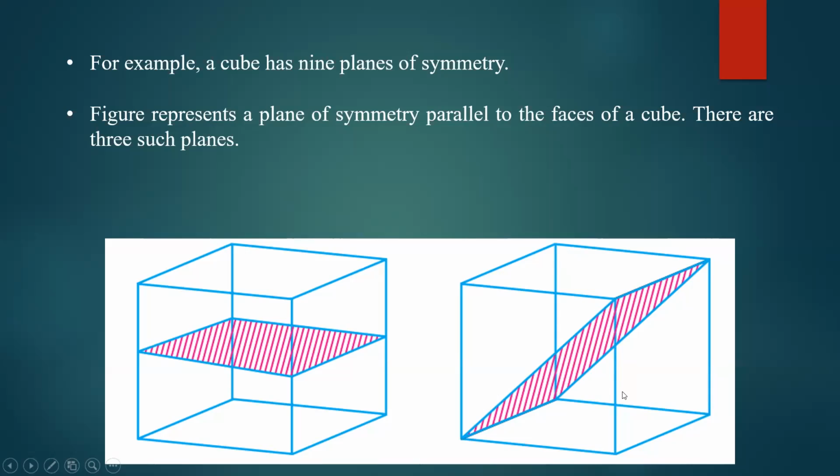Along this other diagonal, there will be another identical structure. So this figure represents the planes of symmetry parallel to the faces of the cube. There are 3 such planes, this one, this one and this one.